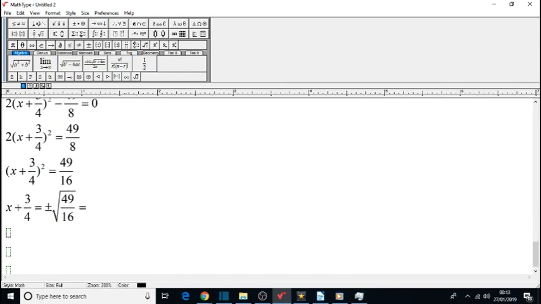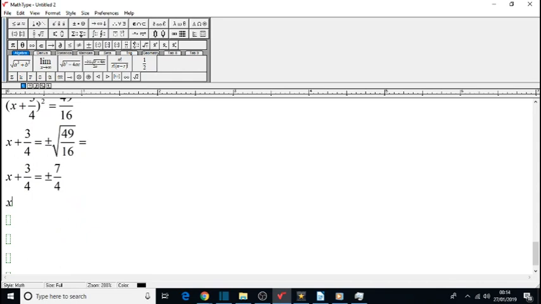So now let's work out what the square root of 49/16 is. The square root of 49 is equal to, so it'd be plus or minus 7/4.